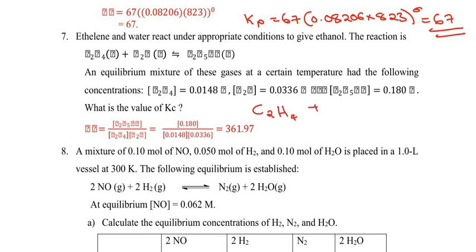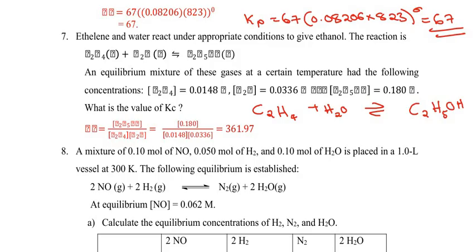This reacts with water to give us, at equilibrium, C2H5OH. This is what you get. Now if we try to balance this equation, we'll see that the hydrogens are okay. There are 2 carbons, and there's 1 oxygen on each side. So this equation is self-balanced.